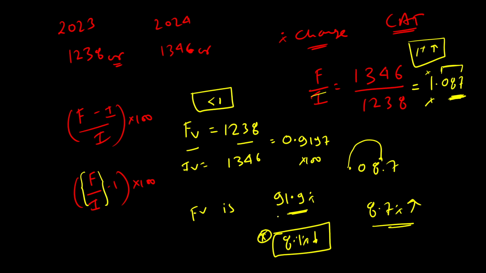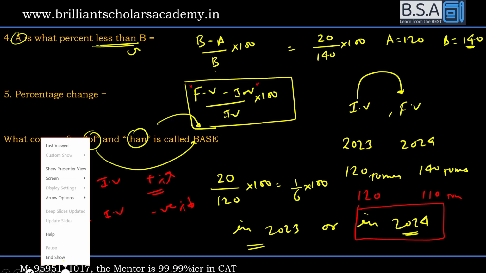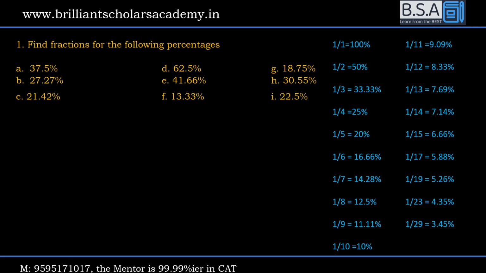Now I want you to divide, and this you have again done in basic maths, speed maths. Divide 100 by 1, divide 100 by 2, divide 100 by 3, go on, start by 4, by 5. By repetition, you can remember these things very fast. A lot of people have put in a lot of effort in creating patterns. Repeat it 3 times. If you repeat something 3 times, you'll have this by heart.